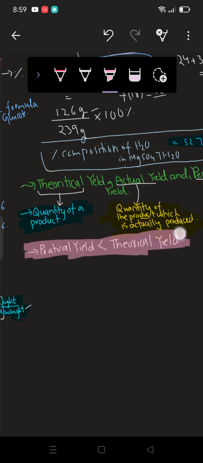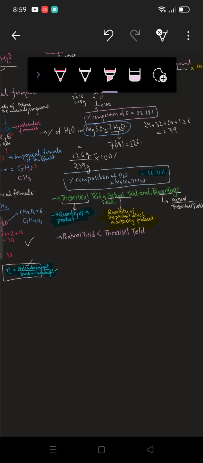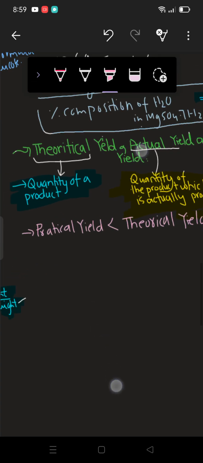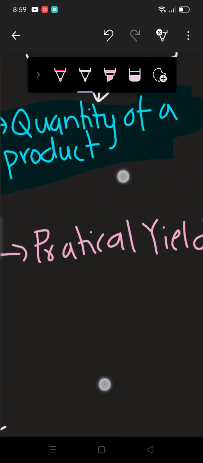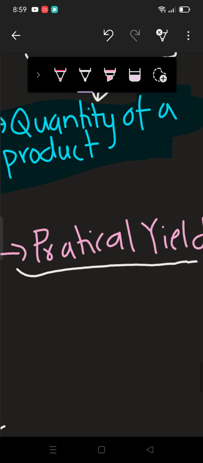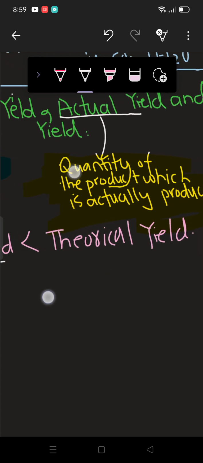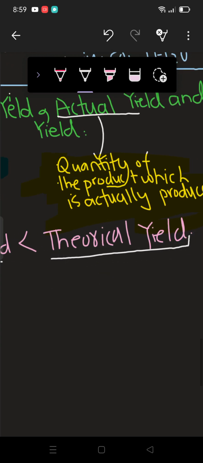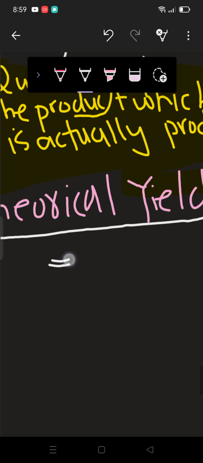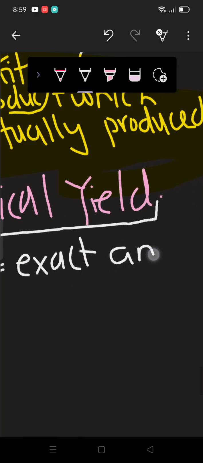Practical yield will always be less than the theoretical yield, because practical yield is the actual quantity of the product which is produced in the chemical reaction, right? Theoretical yield is the quantity of a product which we calculate. Of course, when you calculate, you will have an exact answer, right?